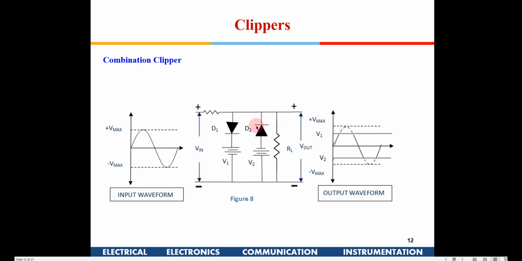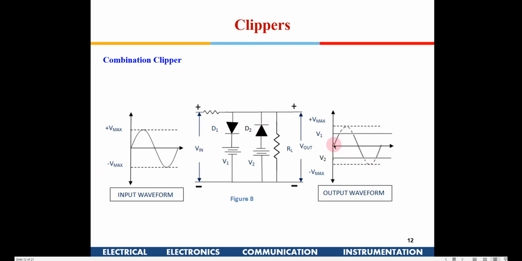Similarly, in the negative cycle, initially this is reverse biased, and then when the voltage falls, this diode is already biased with minus V2, right, from here to there. So when it falls below minus V2, this diode switches on, and the output gets clipped to V2.